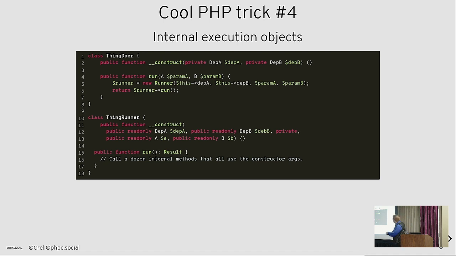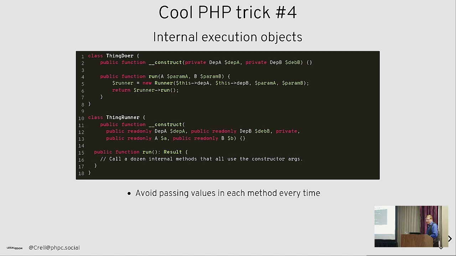Instead, when you call run with these objects, we create an inner object, and my class name is wrong, sorry, and pass it all the dependencies here and those parameters. Those are all now stored, not statically, read-only on the runner object and available to all of these methods, which can also then be recursive. And you can pass this object itself around because everything is read-only.